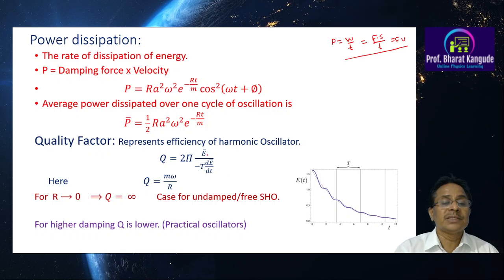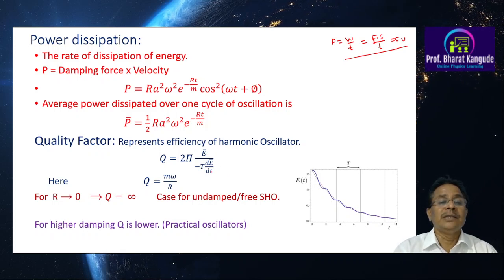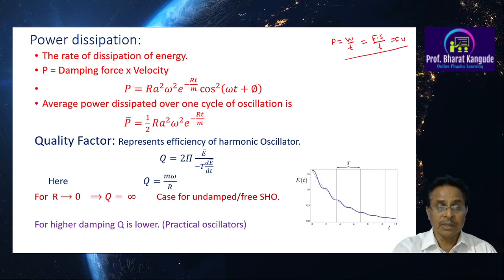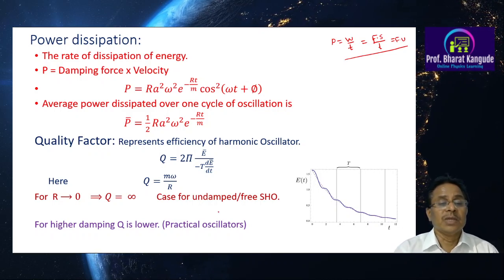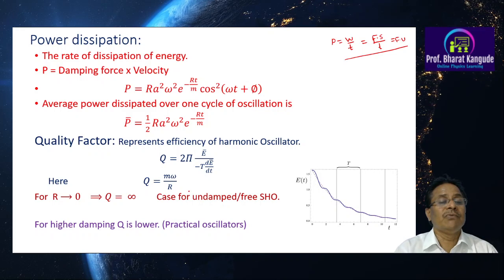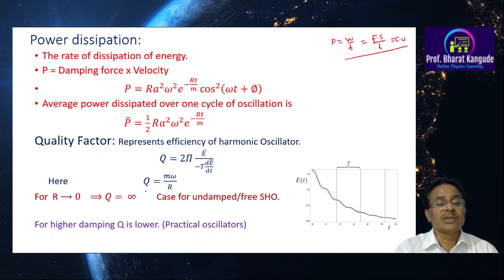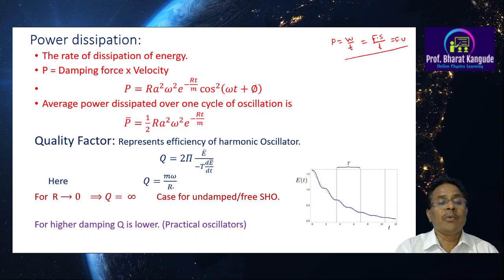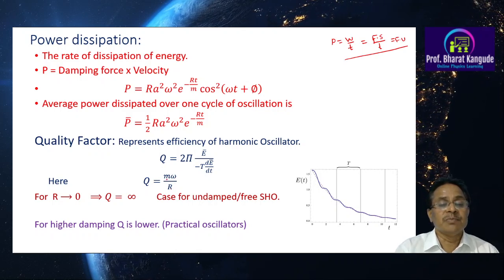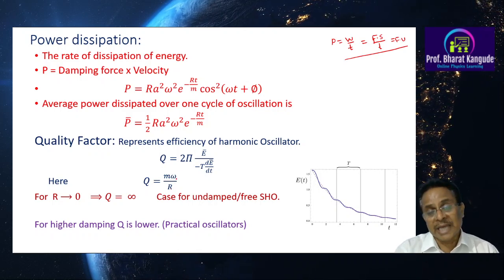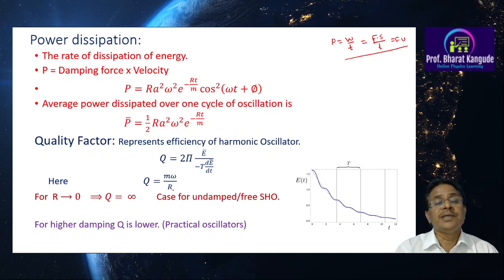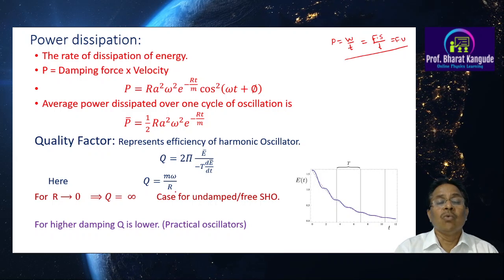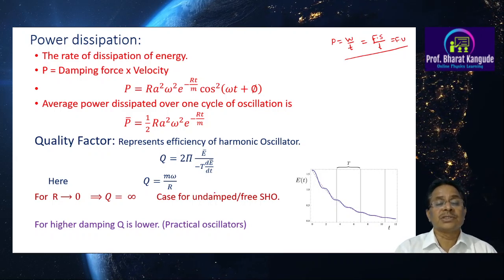Now if we replace the expressions for E bar and dE bar upon dt from the earlier slide, we get the final expression for the quality factor of this oscillator. Q comes to be m into omega upon r. Note that m is the mass of this oscillator, omega is the angular frequency, and r is the damping coefficient.